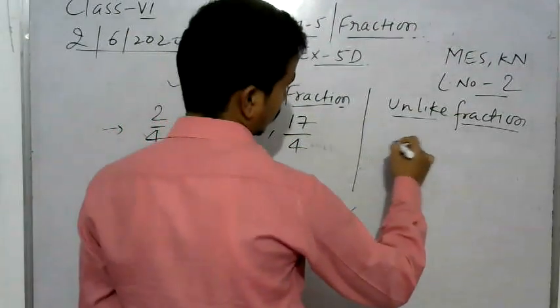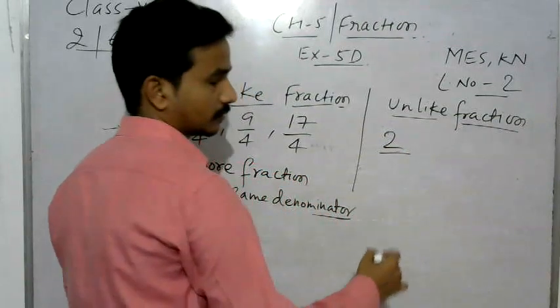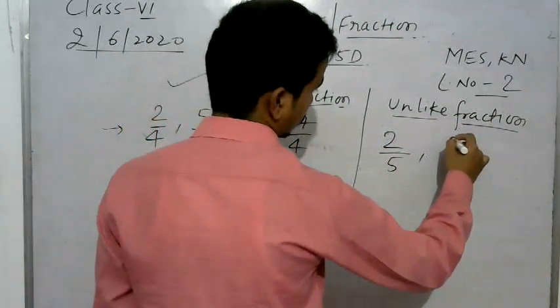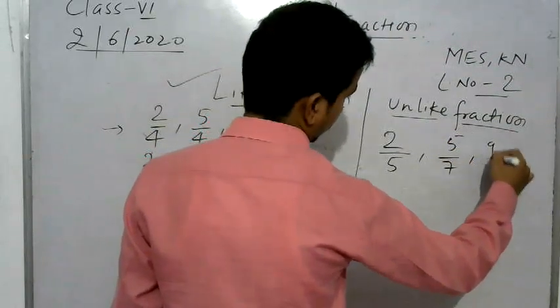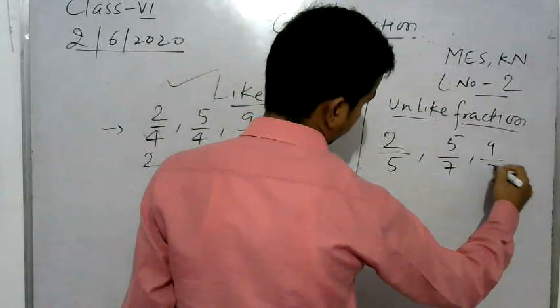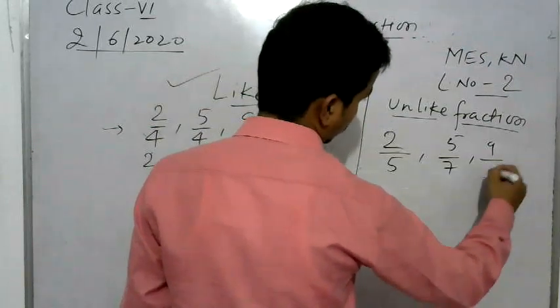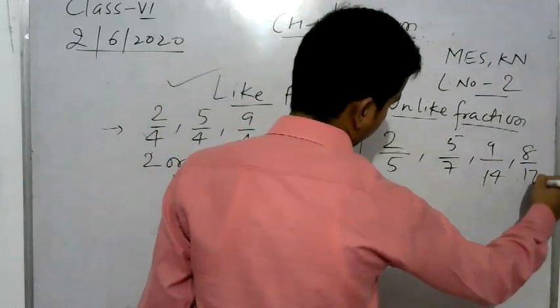So unlike fractions are those two or more fractions not having same denominator. For example, 2 by 5 and 5 by 7 or 9 by 3, 9 by 14 and 8 by 17.